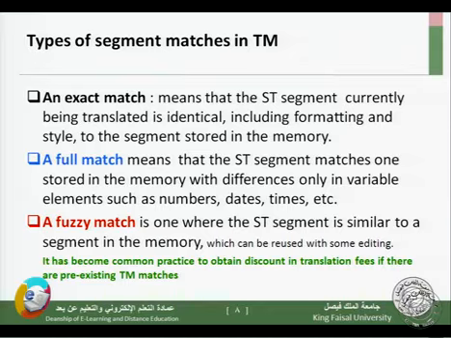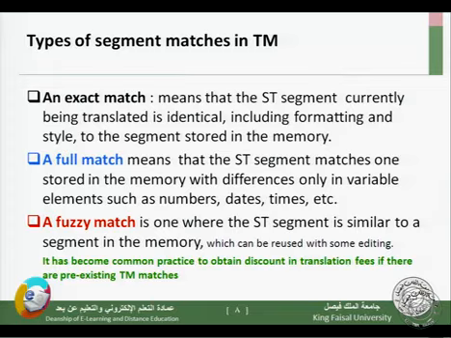Now, there are three types of matches. We have an exact match. An exact match means that the ST segment from English, all right? You take the ST segment from English. You want to translate this. You put it in the TM.